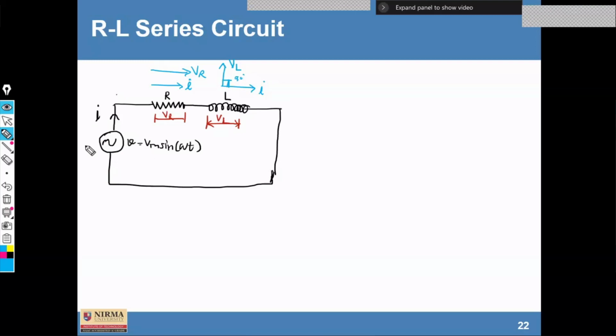Okay. So we can write V is the supply voltage.